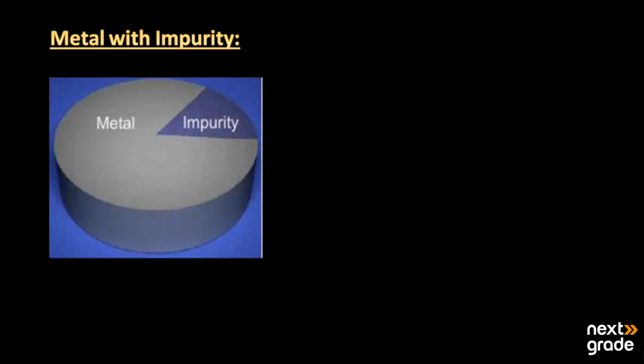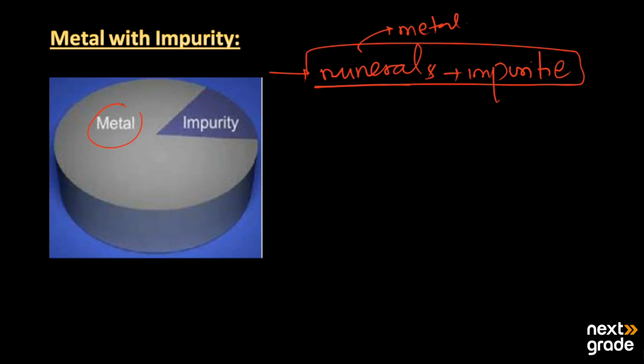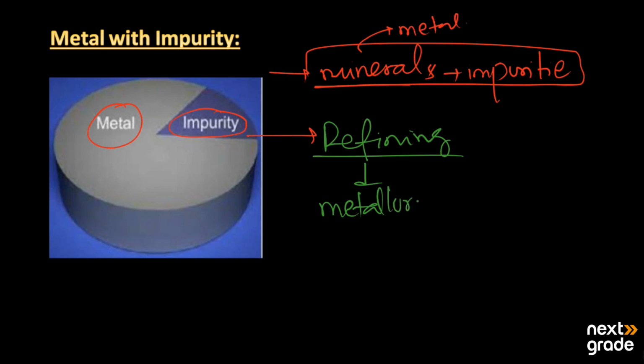Then we have the metals in the presence of impurities. Basically, we have minerals that have some type of impurities in them. The minerals contain metals, and in nature all the metals are present with some type of impurity, and this impurity is then removed by the process of refining or by different types of metallurgical operations.